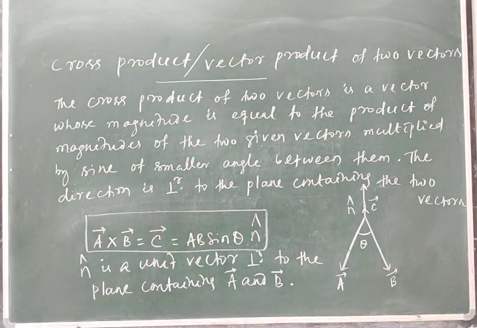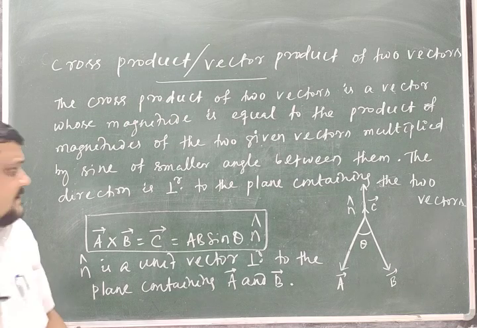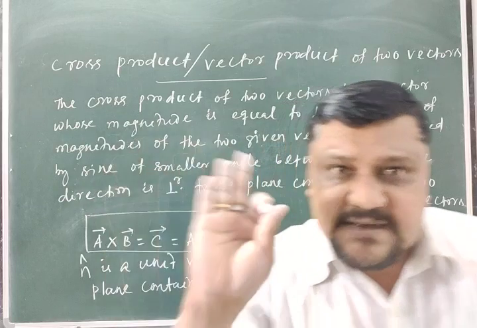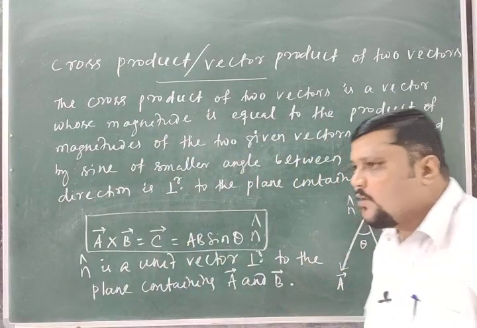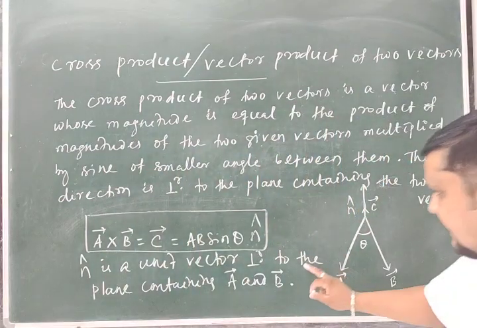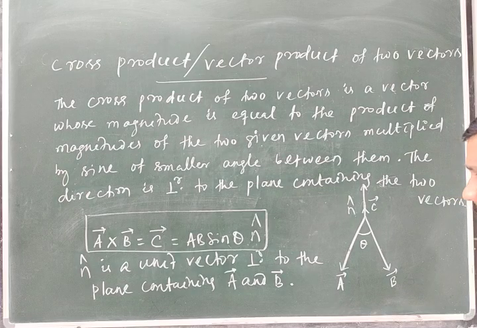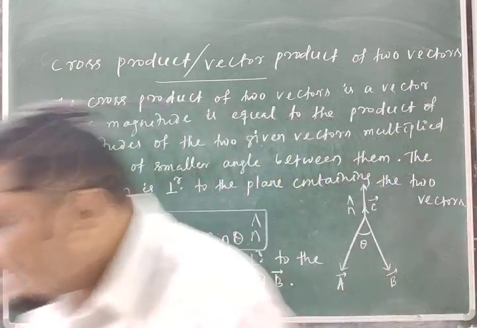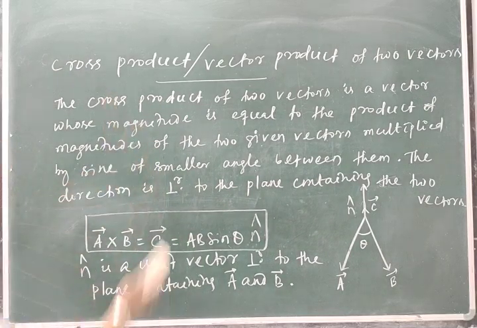Now, upward or downward, that we will discuss later. I will discuss about the rule. And in this same part, what is about this n cap? So this is about the definition of cross product.